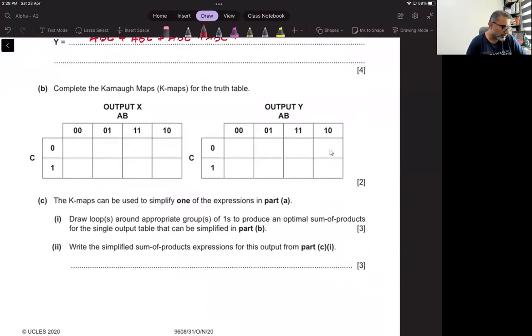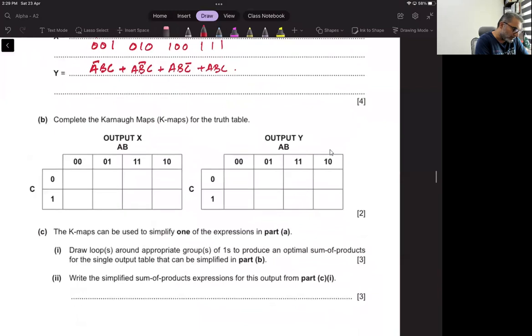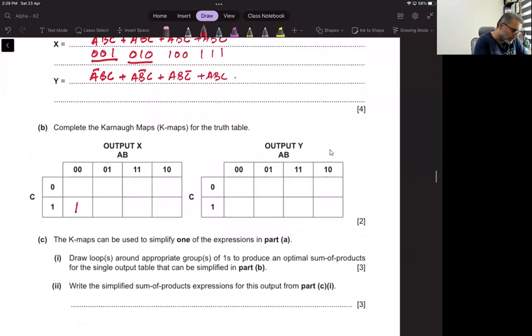Now, part B. Complete the Karnaugh map, K maps for the truth tables. So for X, we have 0, 0, 1, 0, 1, 0, 1, 0, 0, 1, 1, 1. So 0, 0, 1. So 0, 0, 1, 0, 0, 1. Here we go. 0, 1, 0, 0, 1, 0. Here we go. 1, 0, 0, 1, 0, 0, and triple 1.